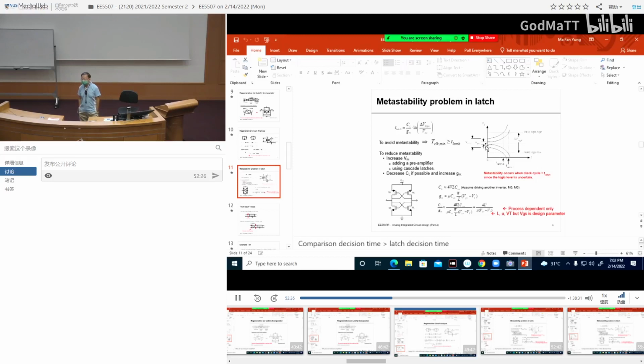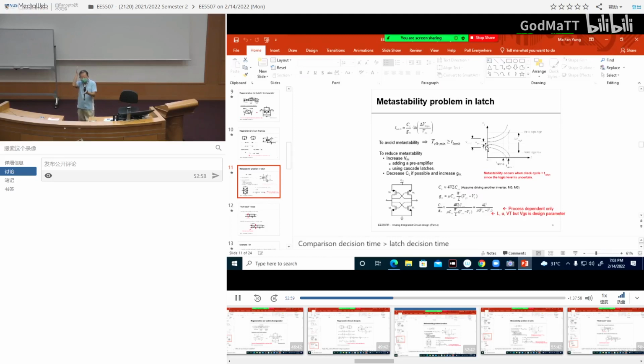So let's say you use this comparator in a SAR ADC, and the SAR ADC clock is running at 10 megahertz. That means every clock cycle, I want to make one comparison and get the result, then I do the second and third one. 10 megahertz means what's the time? 0.1 microsecond, or 100 nanoseconds.